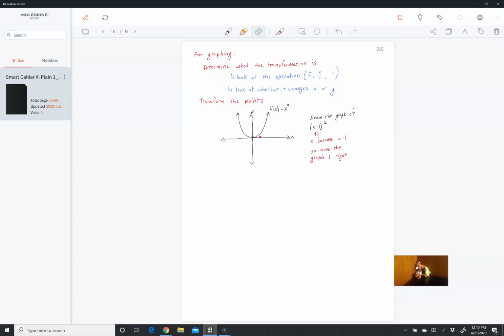This goes to the right by 1. This goes to the right by 1. Next point goes to the right by 1. So your graph should look like it went to the right by 1. Okay? Essentially, you're doing that with every point.